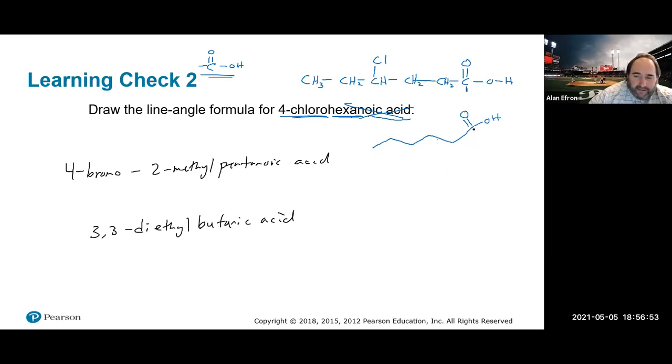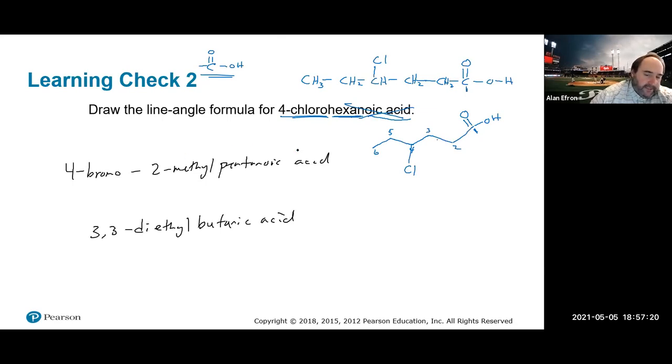That again would make this carbon number 1, then carbon 2, 3, 4, 5, and carbon 6 going that way. Just like before, we would go to carbon number 4 and put our Cl. Because it's a line structure, we would be done. You can erase the numbers if you want, but that is what it would look like. Any questions on that?